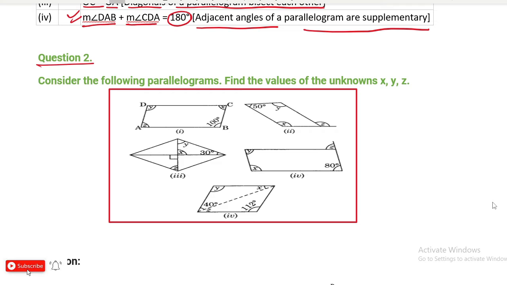Consider the following parallelogram and find the value of the unknowns x, y, z.